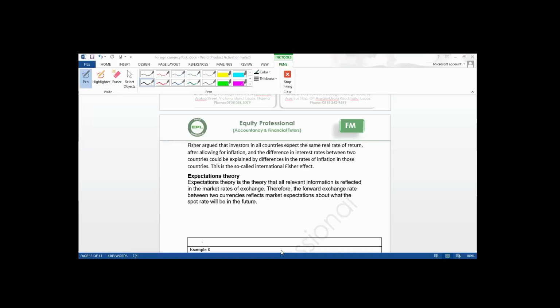We said market expectation or expectation theory. The exchange rate between two countries reflects market expectation about what the spot rate will be in the future. Let me try to explain this.